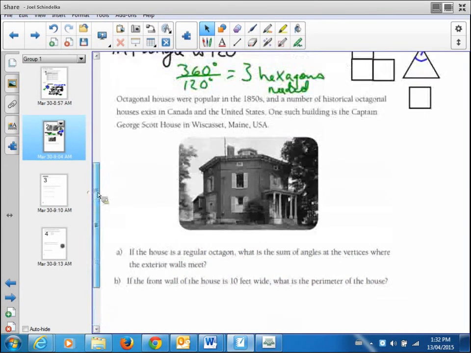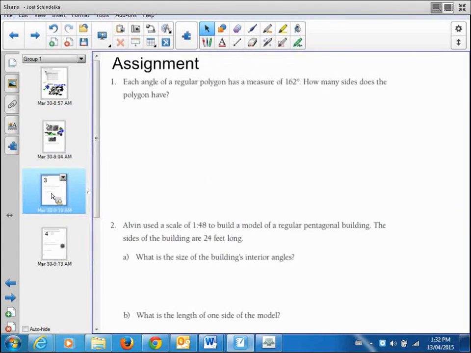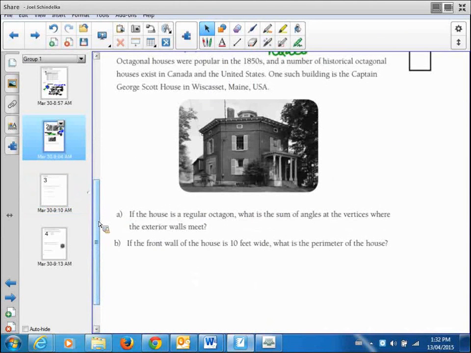Well, you guys should be able to think of this, and I'll do it with you. Here, what are we asking now? You guys realize it's an octagon, 8-sided, right? So here, I'll draw a quick octagon.